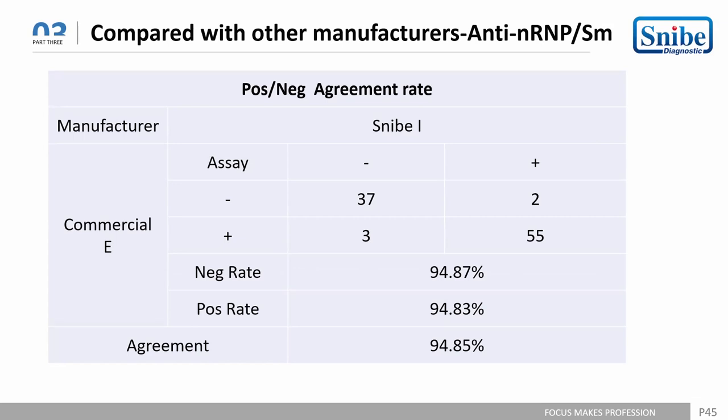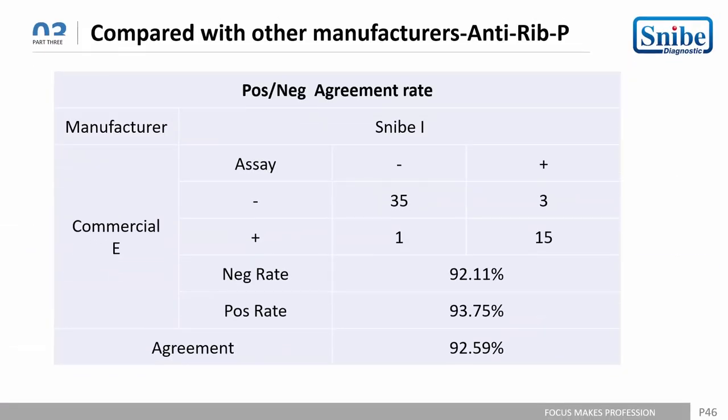And they have also a comparison with the other manufacturers for the anti-RNP/Sm, and the negative agreement rate is 95%, and the positive rate is also 95%. The overall agreement is 95%, which is equally good for us compared to the other parameters.